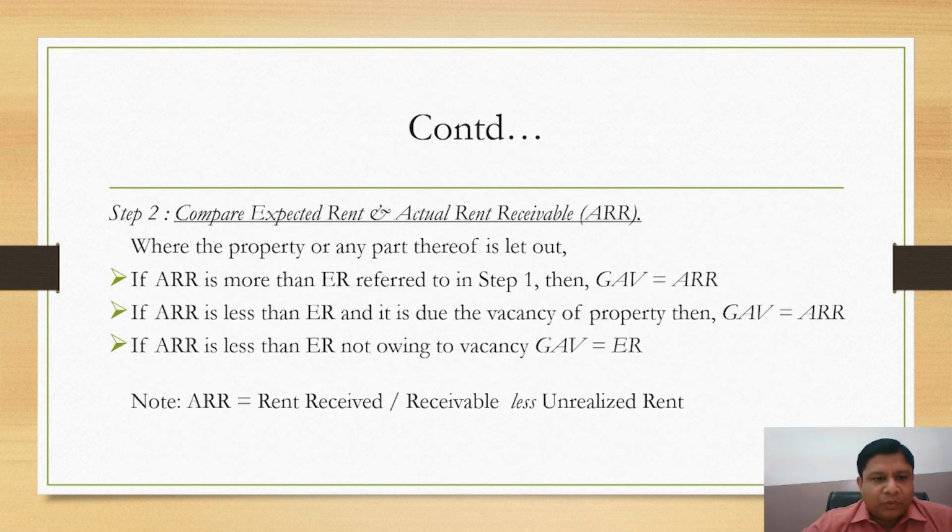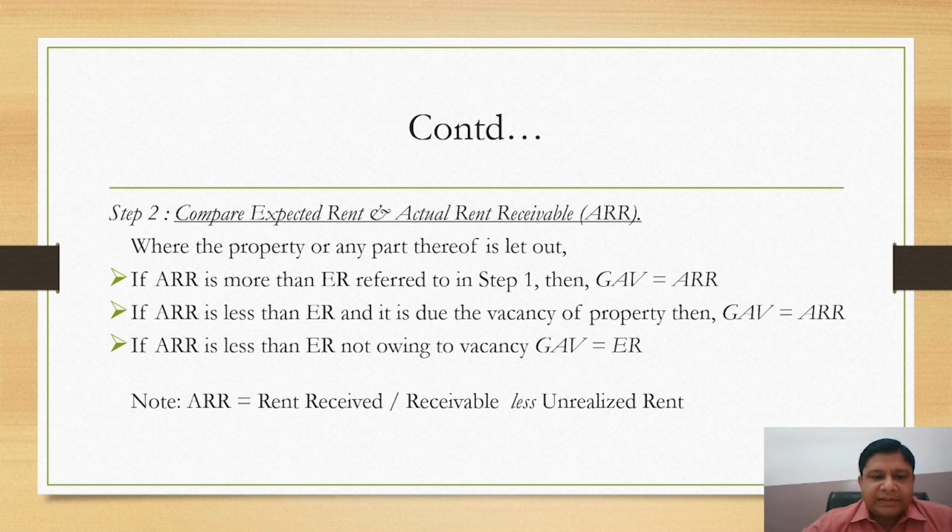Then step 2: compare expected rent and actual rent receivable where the property or any part thereof is let out. If ARR is more than ER referred to in step 1, then GAV equals ARR. If ARR is less than ER and it is due to vacancy of the property, then GAV equals ARR.